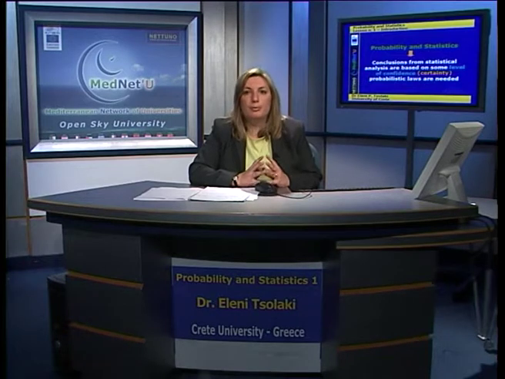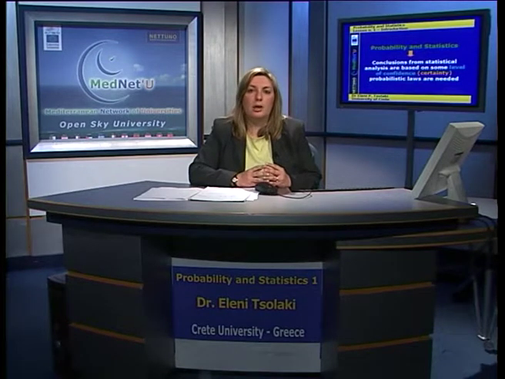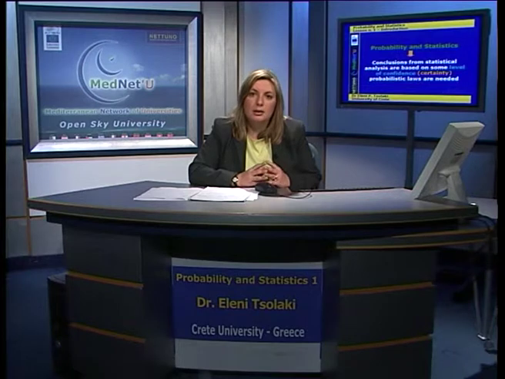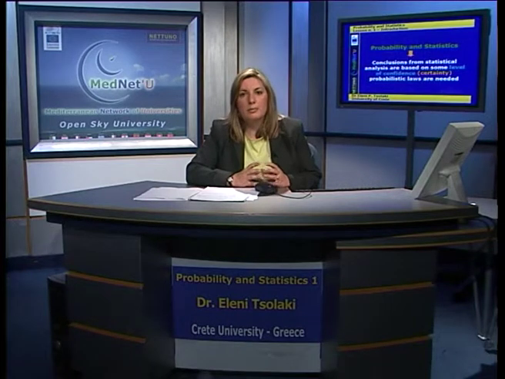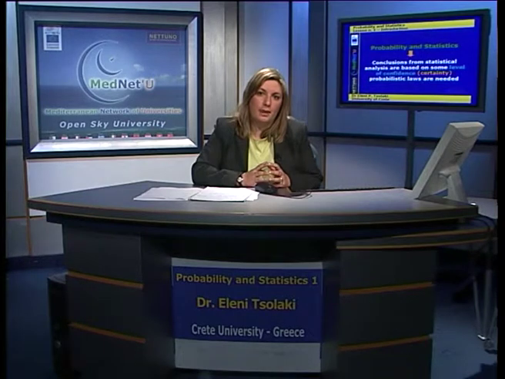We need probability in order to study statistics. Statistics is needed in order to derive conclusions for a population that cannot be measured exactly, and so we just get a small group from the population, we analyze them, and we make conclusions for the population.